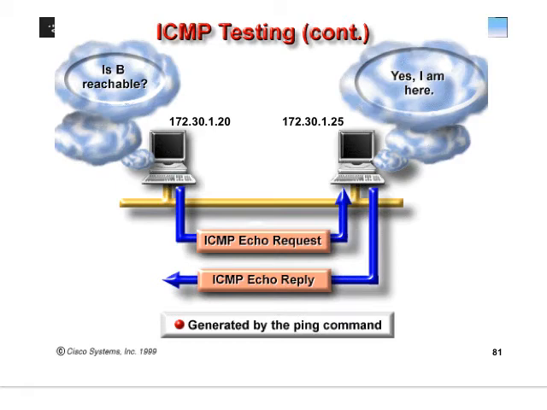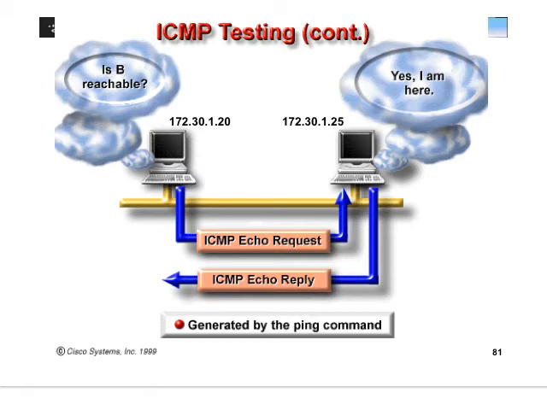So as I said, the ping works based on the request and reply concept. The source will send a ping request. It says ping and it mentions the remote address, and then the reply will come back saying the destination is okay, is reachable.